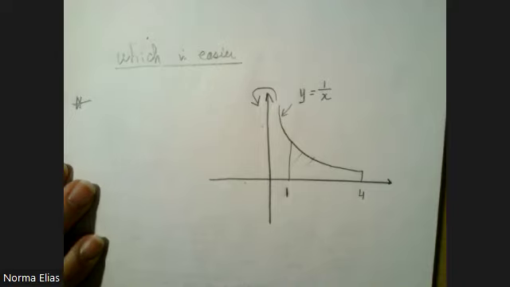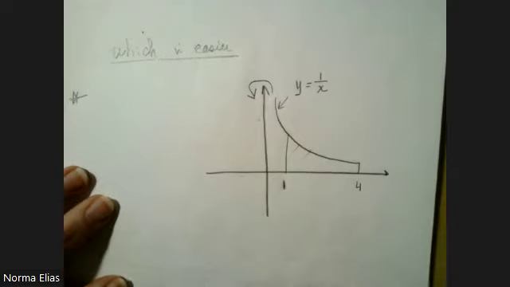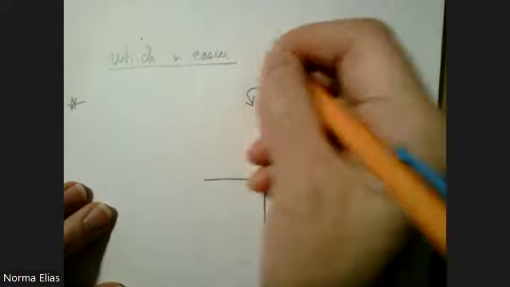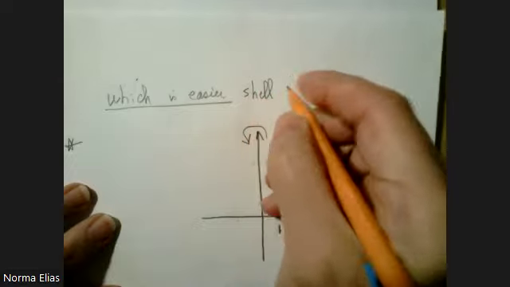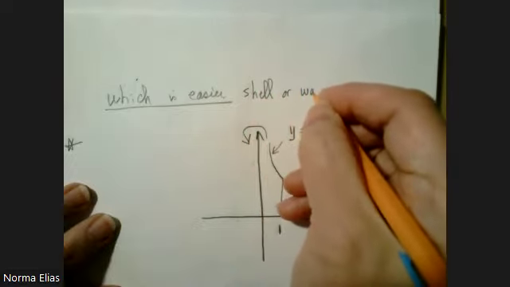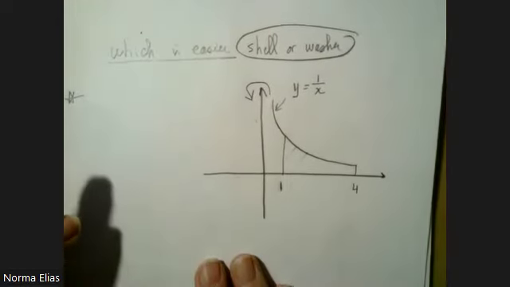Washer. Why is washer easier? If you do the washer, that's the axis of rotation. Let me rephrase my question: shell or washer?